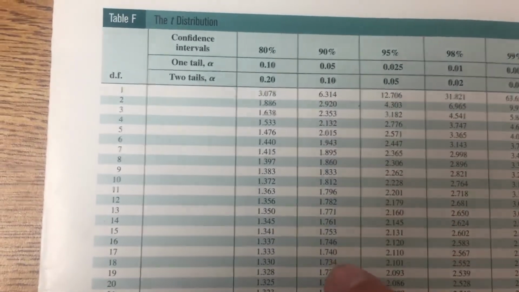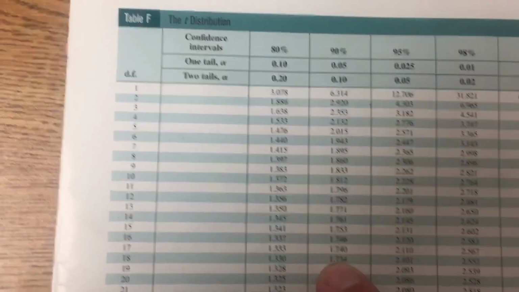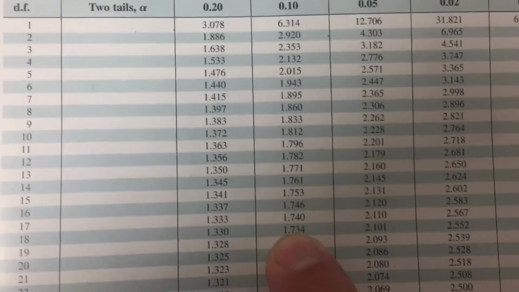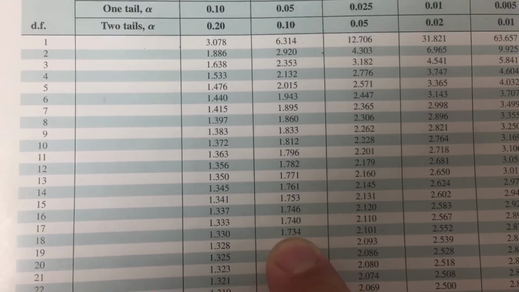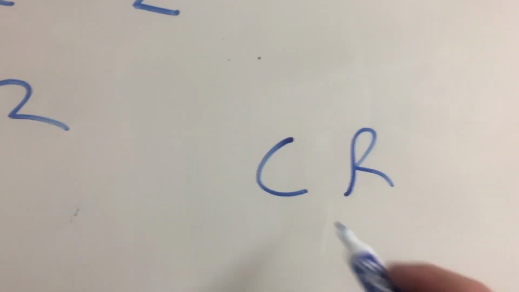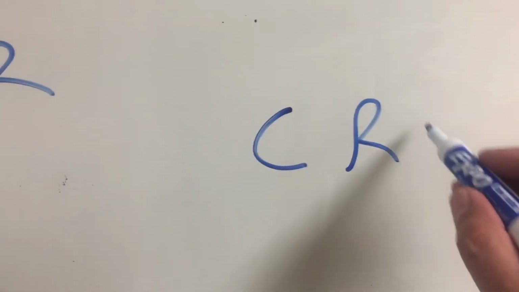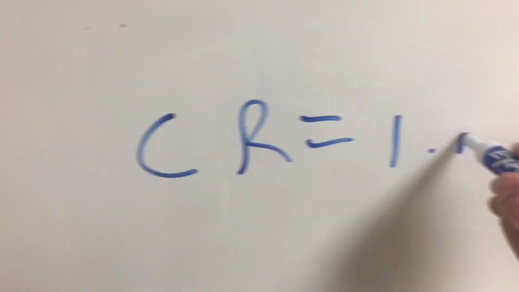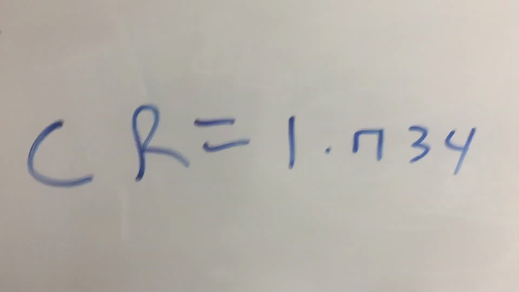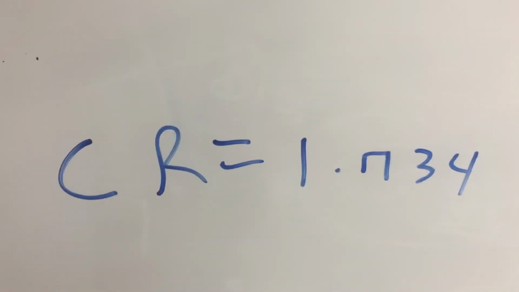I'll follow this down until I find 18 degrees of freedom, and I've got 1.734. So 1.734 is my critical region, or my critical value, 1.734 standard deviations from the mean.